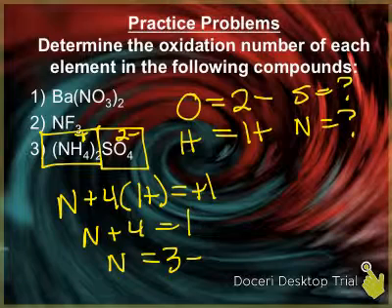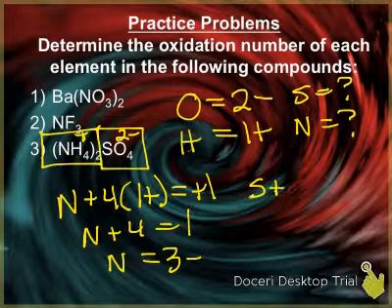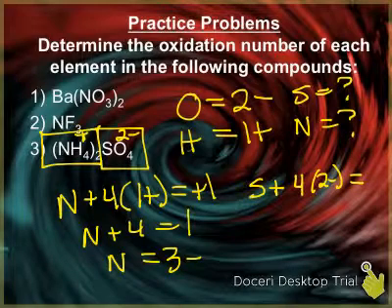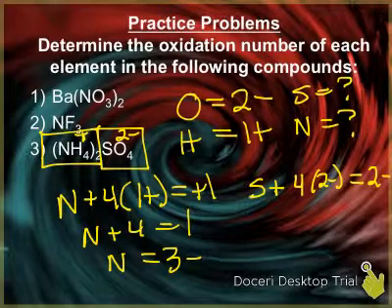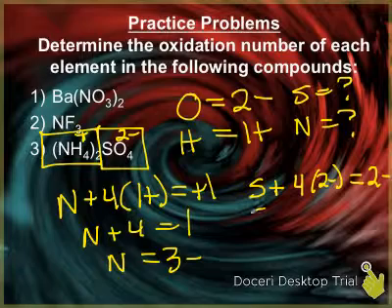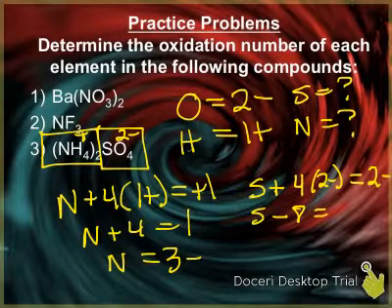So now let's try to do sulfur. Sulfur, we don't know. So sulfur plus 4 times oxygen, which is 2 minus, has to equal its charge, which is 2 minus. It's a polyatomic ion, and polyatomic ions, we don't set them equal to 0. Okay, so S minus 8 equals negative 2, correct?